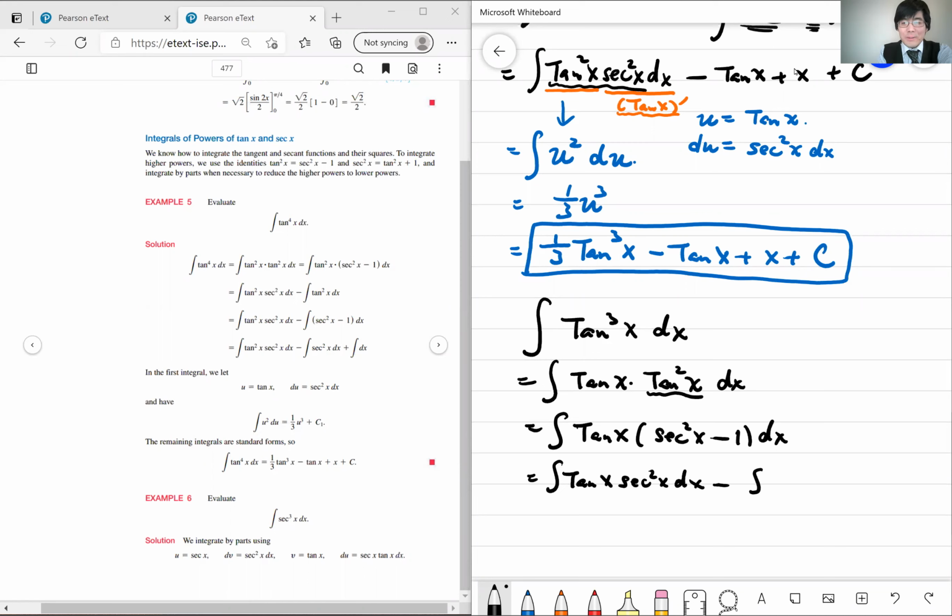And you can split into these two. Now, this part, we can use the same idea. So let's say this is equal to u, then this is equal to du. So that's going to be 1/2 tangent square x.